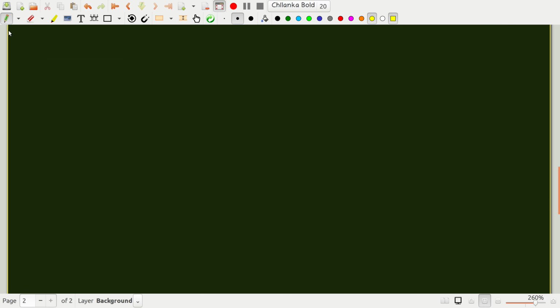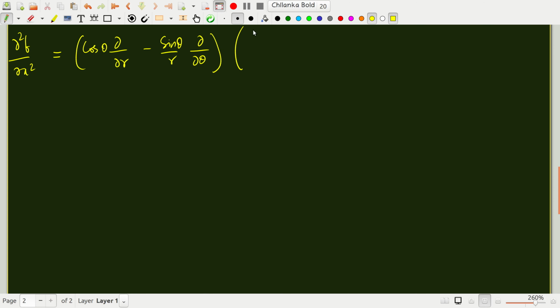That is, we are interested in partial squared f by partial x squared, which is nothing but cos theta partial r minus sin theta by r partial theta operating on cos theta partial f partial r minus sin theta by r partial f partial theta. Now, you have to operate this one by one. So, let us operate the first term. Let us operate this term on this term.